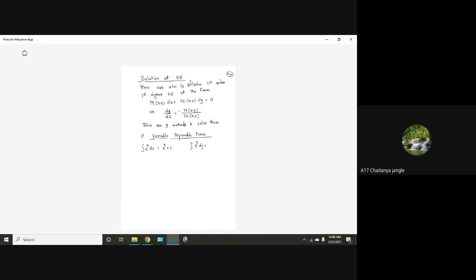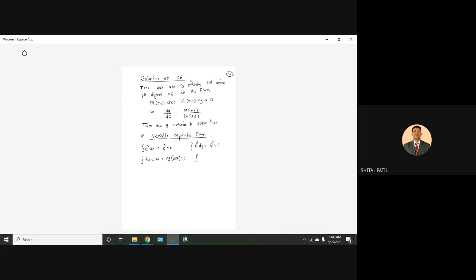E raised to y plus constant. Very good. Hope you know this also: integration of tan x. Log of sec x plus some constant.